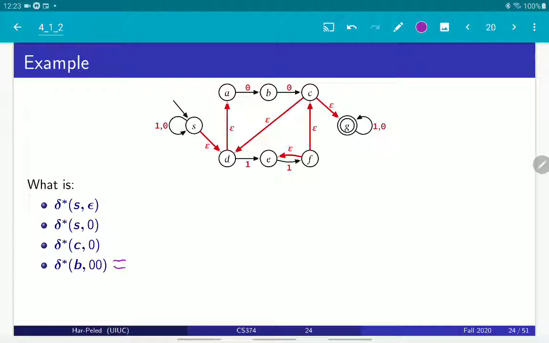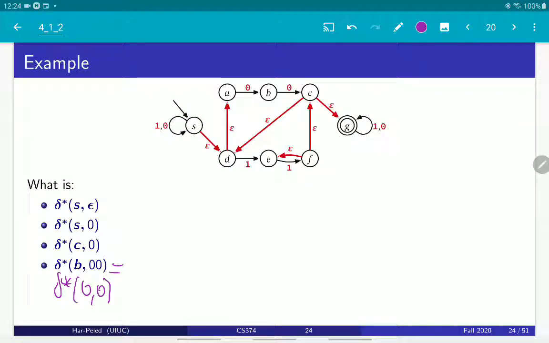Okay, and finally, delta star of B, 0, 0. So now we need to do all this. Let's first compute delta star of B, 0, okay? That will make things easier.